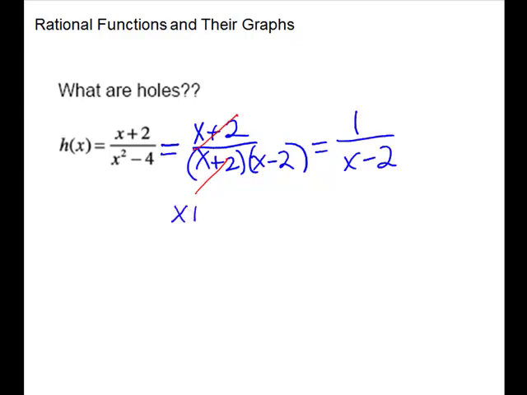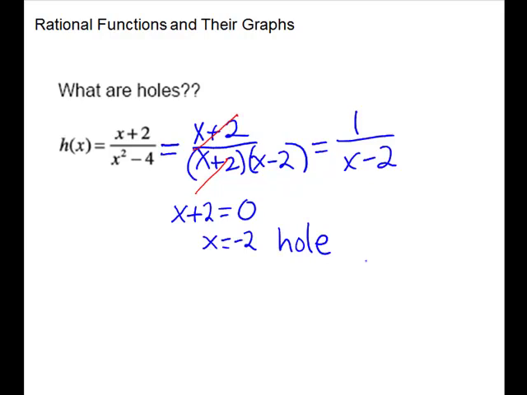So x plus 2, we want to know when that is 0, and it is 0 at x equals negative 2. This will give us a hole. The other one would give us a vertical asymptote.